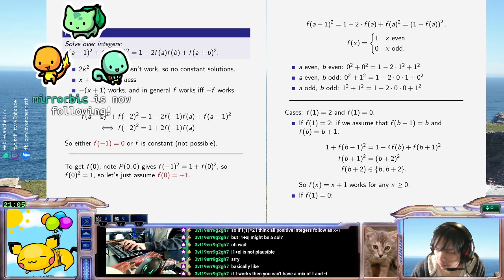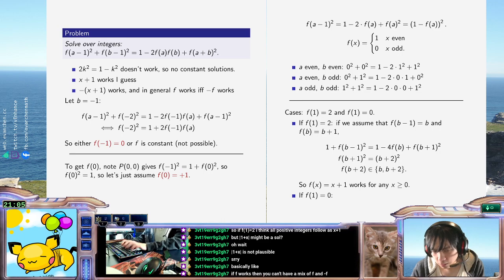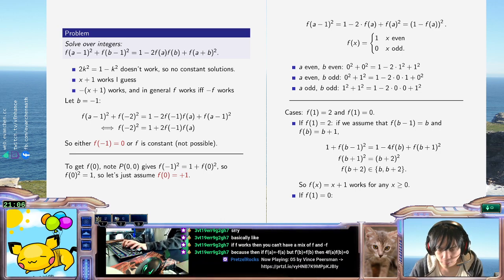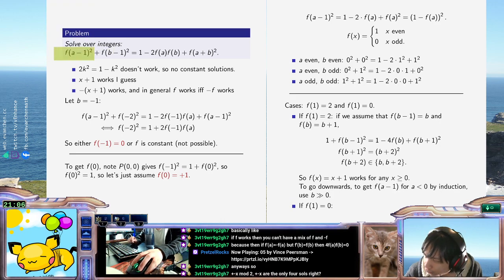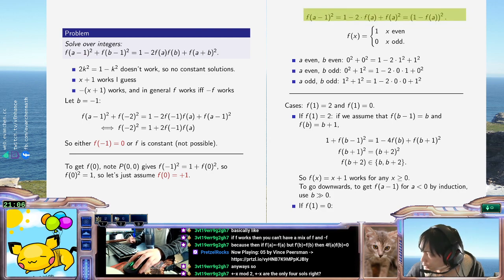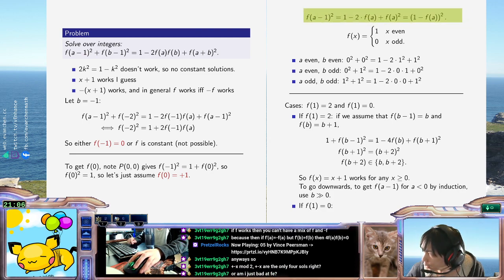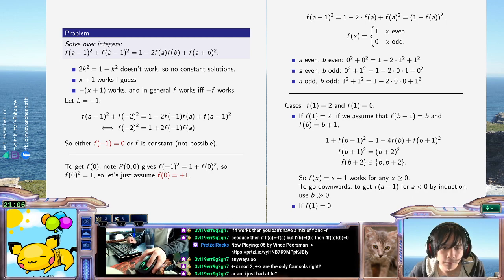Pick a very positive a. So to get f(a minus 1) for a strictly less than 0 by induction, we use b equals a big positive number. Then f(a minus 1) squared will be plus or minus (a minus 1), but also this thing still works, where consecutive, so we're fine.